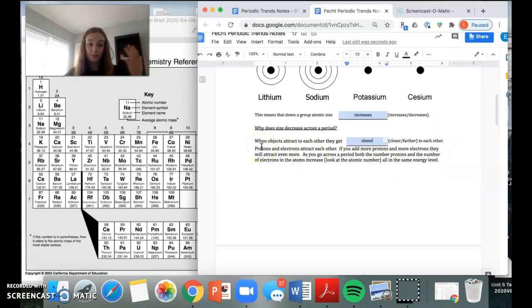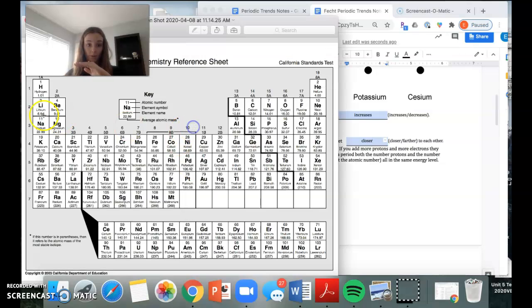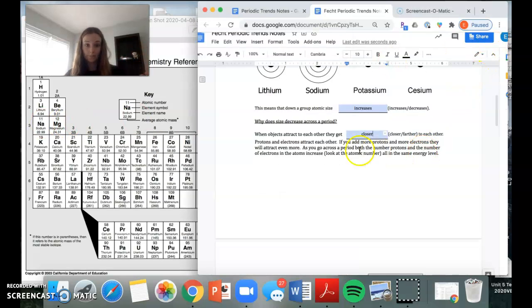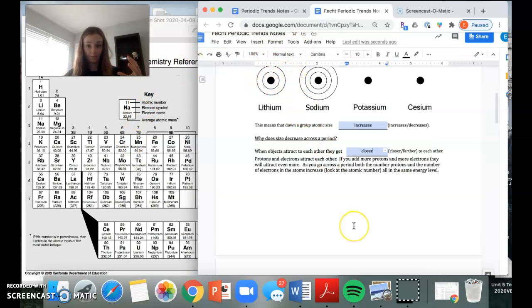And since protons and electrons attract, if you add more protons and more electrons, they will attract even more. So as we go across the period, the number of protons and the number of electrons increase. If we look at the atomic numbers, so we see 11, 12, 13, 14, we're increasing protons, increasing electrons, all on the same energy level, so all with the same Bohr model.